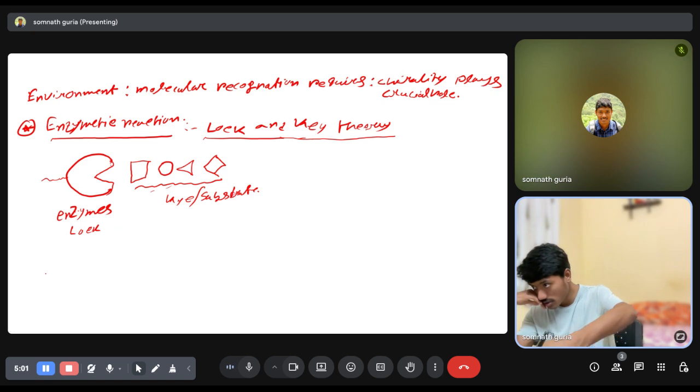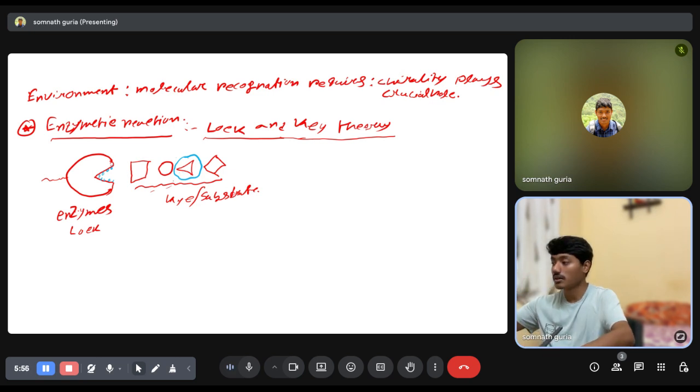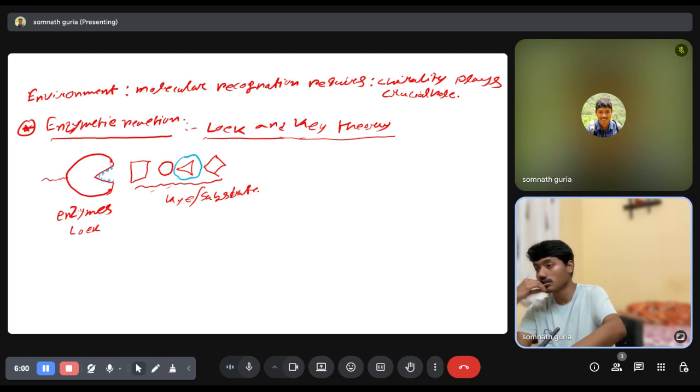In this region we have some molecules present which help to bind this substrate only. So it can only bind this substrate and break it down into small molecules, which can then be absorbed in our intestine.